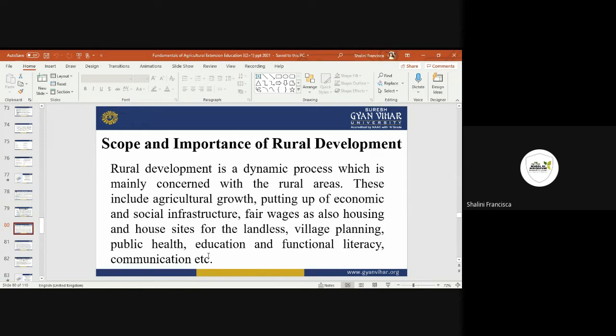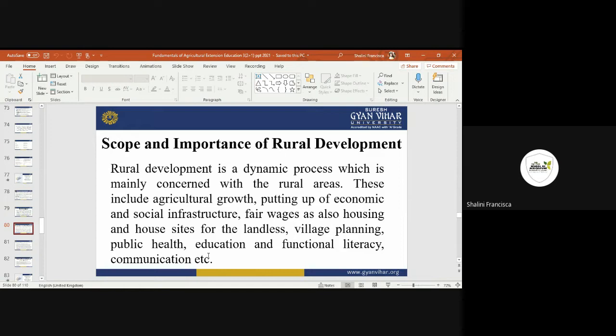Economic and social infrastructure means income generation activities can be done there, and even infrastructure for the social upliftment of the people can be done. Then there will be fair wages, like in urban areas.